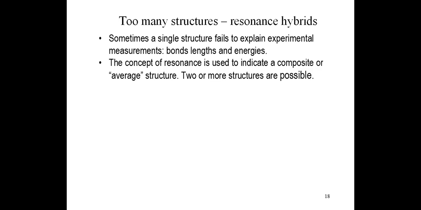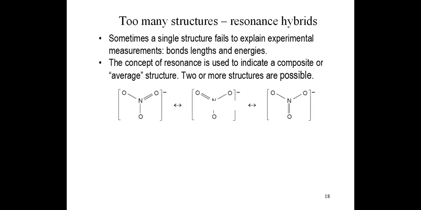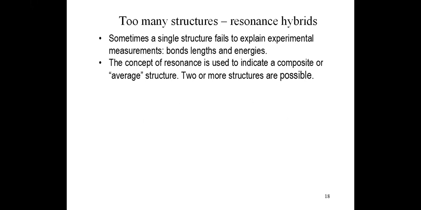So when you're drawing the Lewis structures of that single molecule, you always include the resonance hybrids. Resonance: when you are drawing the structure of a molecule and you realize that this molecule can be drawn in different forms representing the same molecule, it means those are resonance hybrids.